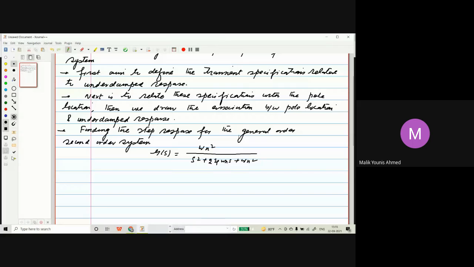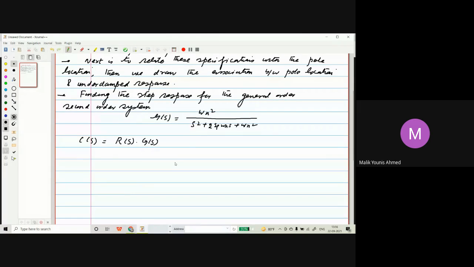The transient response C of s is obtained from the Laplace transform of the input times G of s, so C of s will be R of s into G of s, that we already know. Here we have xi less than 1, because this is an underdamped system. Here closed loop poles are complex conjugate.